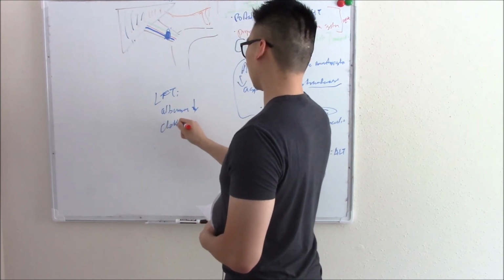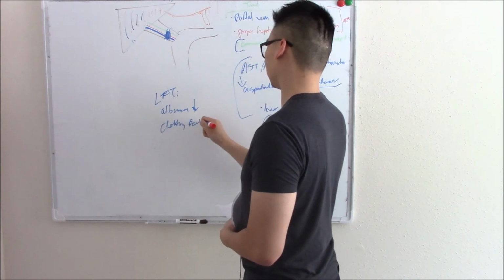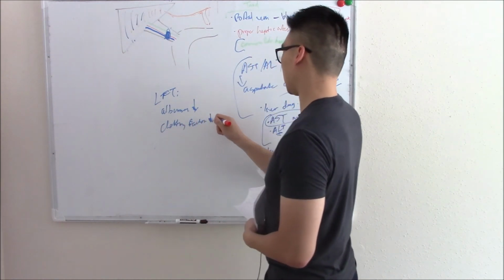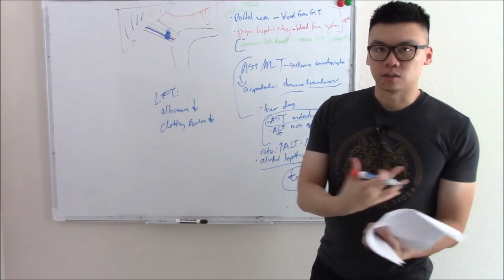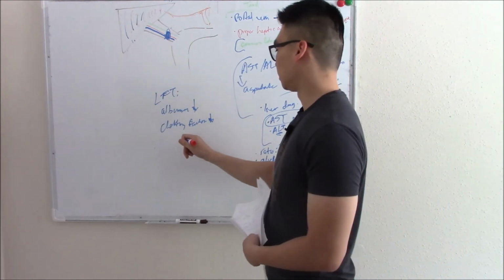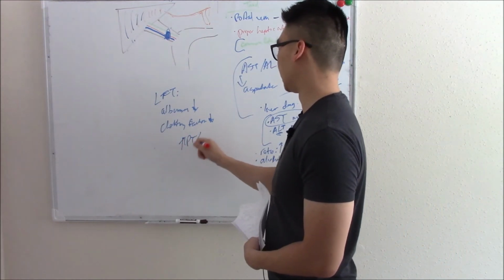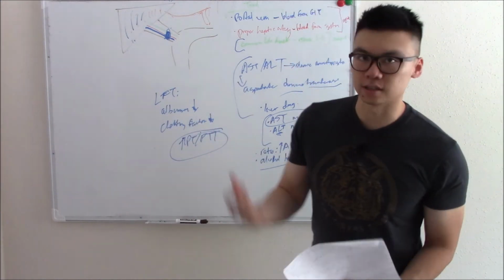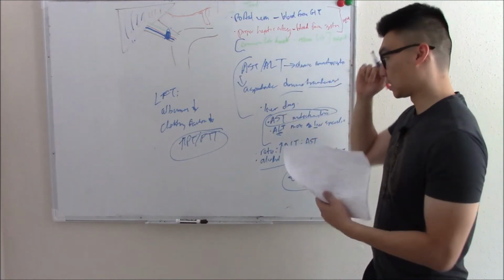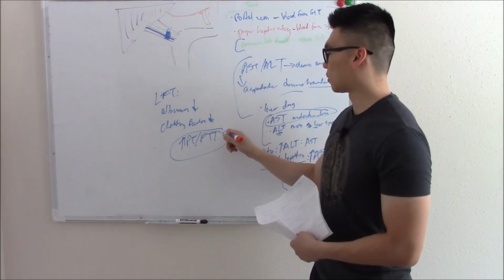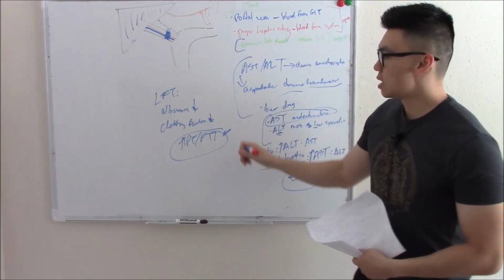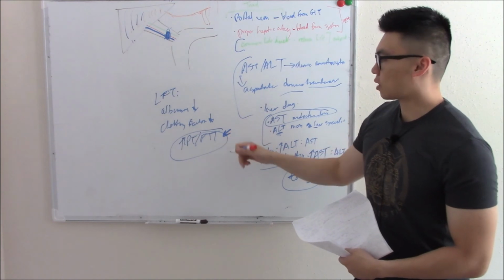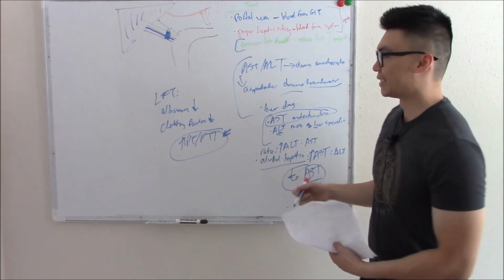Your clotting factors will be low, and if your clotting factors are low, then you bleed all the time, so you have increased PT and PTT. These are actual liver function tests. That's something you gotta know, not only for this step, but for your career moving forward. So these are the things that you will order, especially increased PT and PTT.